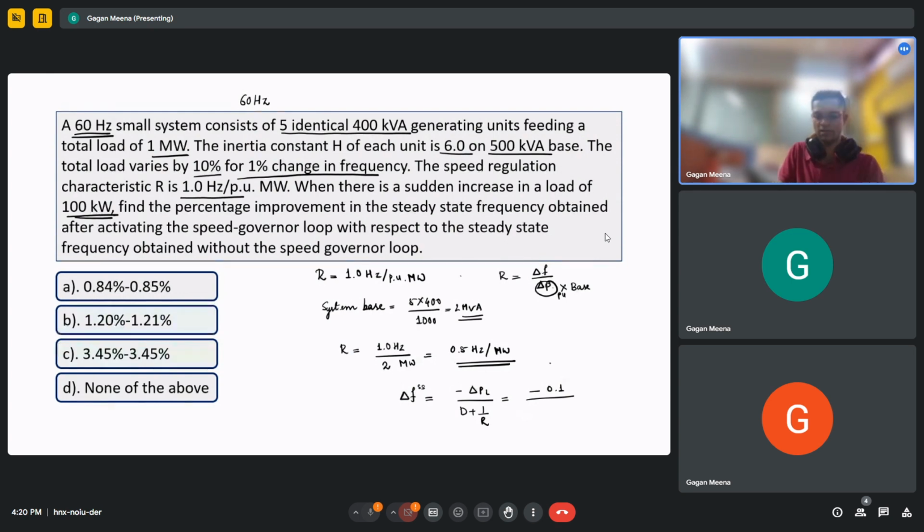So it is 10 into 1.1 divided by 60. This is 11 by 60 plus 1 divided by 2, plus 0.5.